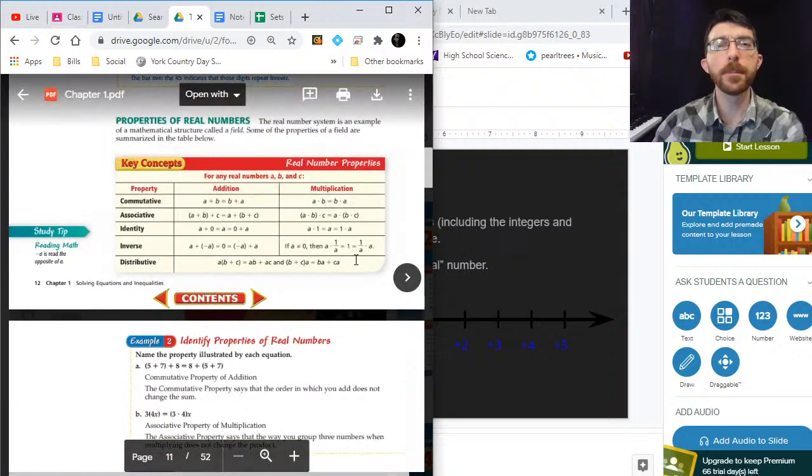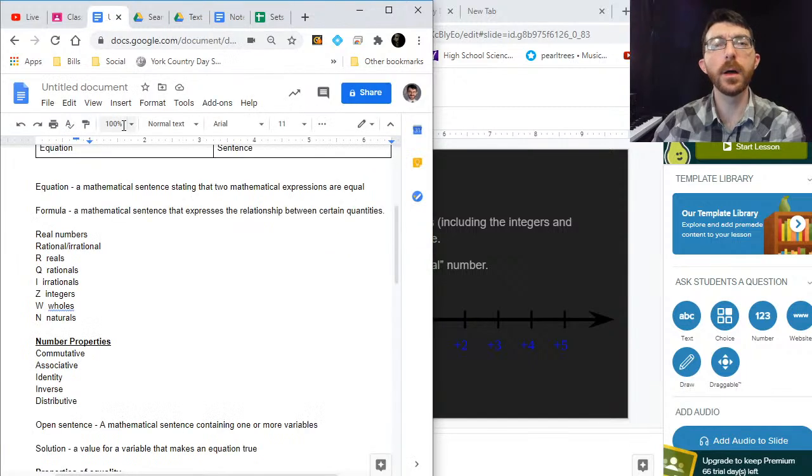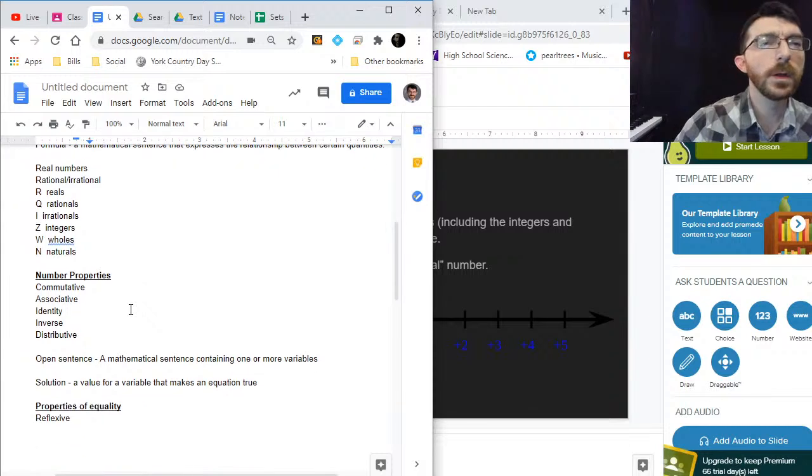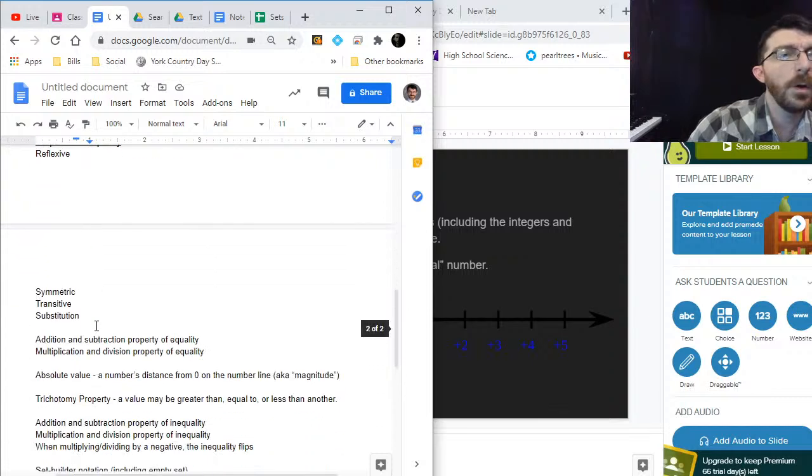Oh, man. Okay, so here we are. Commutative, associative, identity, inverse, distributive. Okay, so there is an addition and subtraction property of equality and a multiplication and division property of equality.